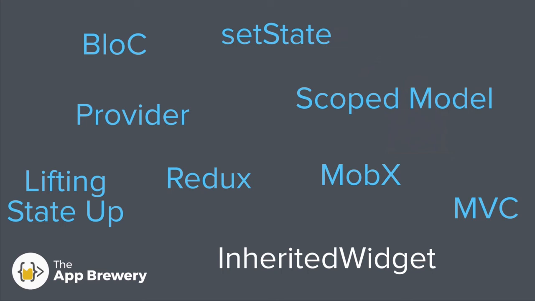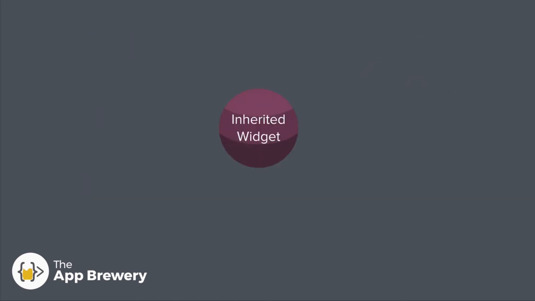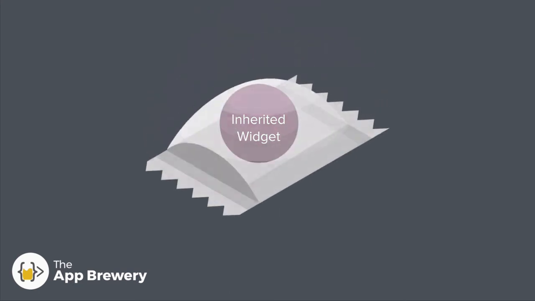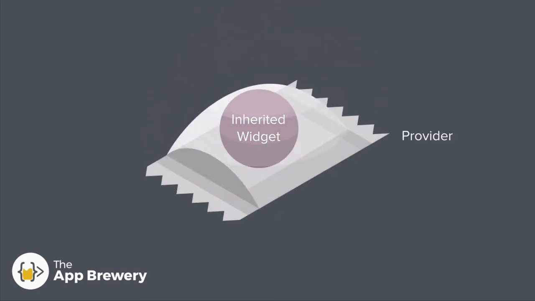Now, an inherited widget is basically a widget that allows us to pass data down the tree without having to rebuild the intervening parts of the tree. So that sounds kind of familiar, right? That's kind of how Provider works. Essentially, the Provider package is just a wrapper around the inherited widget.